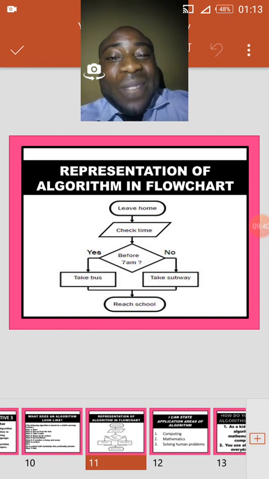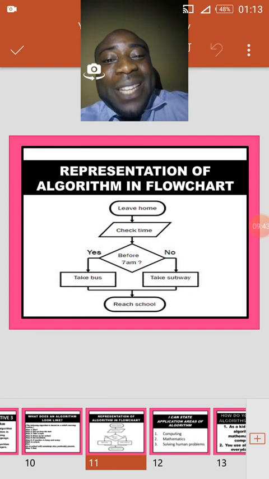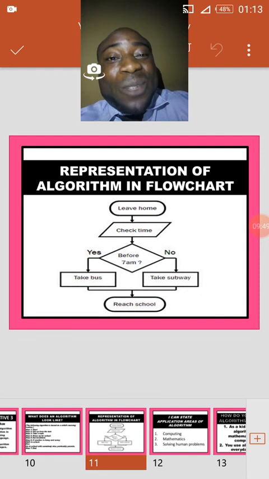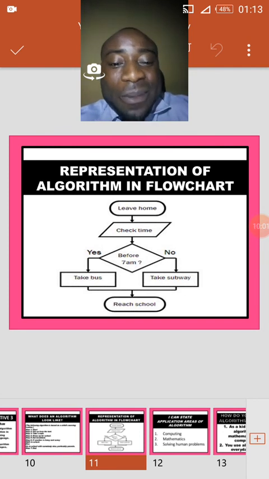After that, you can write it the way you want to look at it in picture form. That is what we mean by flowcharts. So as you can see, leave home, check time before 7 a.m., take bus or take subway and reach school.